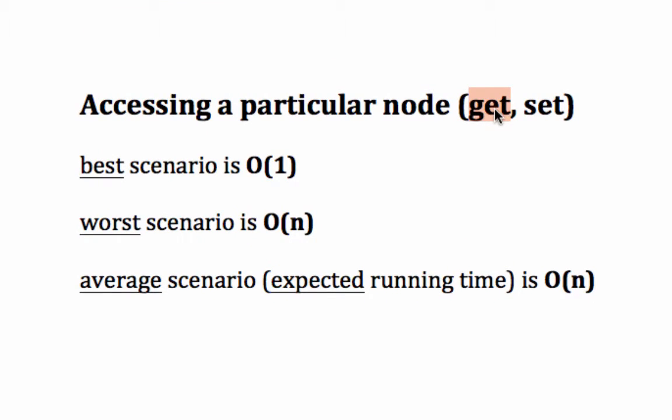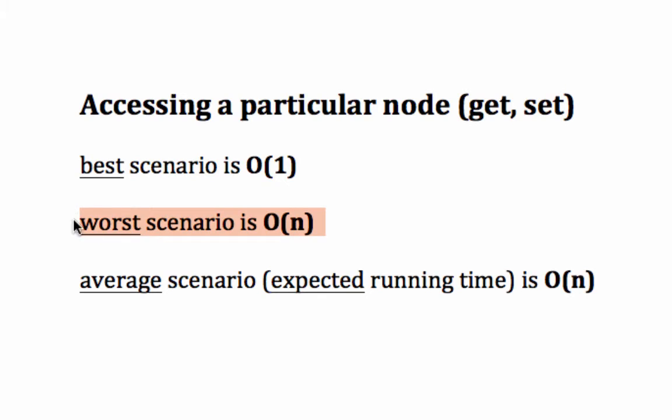And finally, if we do something similar to what we had discussed in the past, like the method get, which is an accessor, that just retrieves a value in the collection, or the method set, which is a mutator that changes a value in the collection, we need to find it, right? And again, we don't have indexes. So we need to traverse the list, comparing one value at a time in every node until we find the node that we want to display or the node that we want to modify.